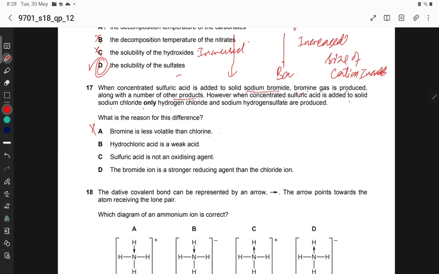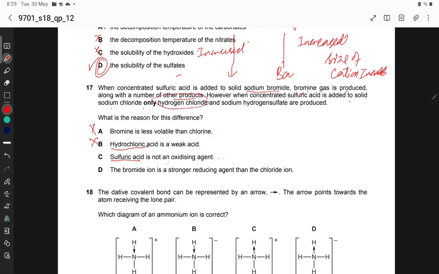Hydrochloric acid is a weak acid. So hydrochloric acid is a strong acid. So this is also incorrect. Sulfuric acid is not an oxidizing agent. Sulfuric acid is an oxidizing agent and oxidizes sodium chloride to form hydrogen chloride and sodium hydrogen sulfate.